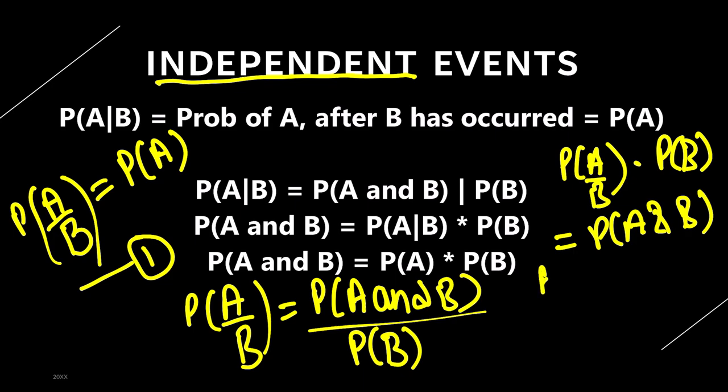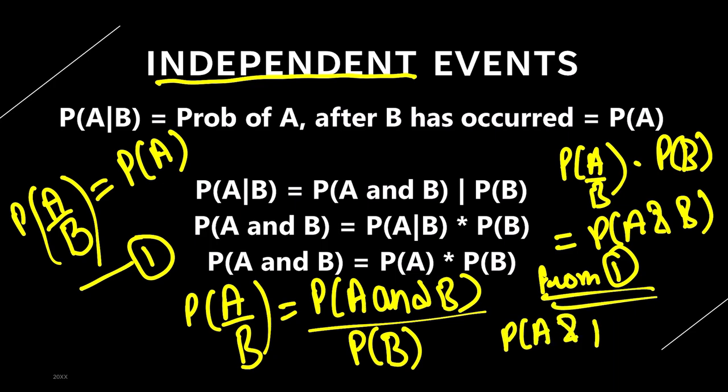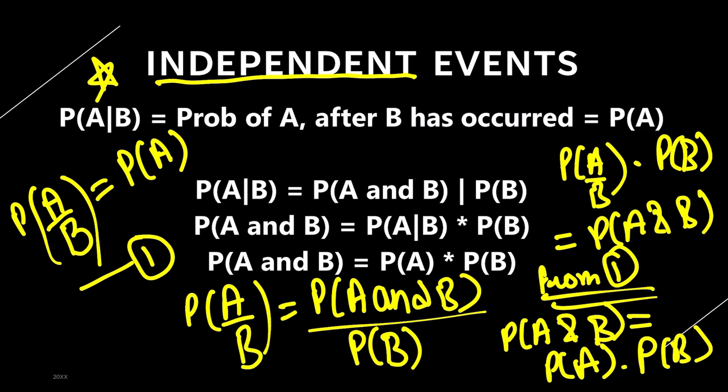From 1 we know that P of A by B is P of A. So probability of A and B both happening is probability of A times probability of B. Means in a case of independent events, probability of both the events happening is equal to probability of A happening multiplied by probability of B happening. That is what the independent events formula is.